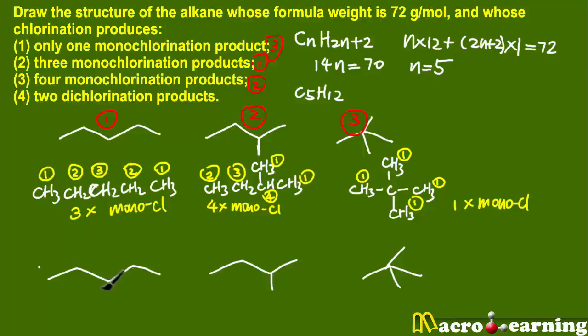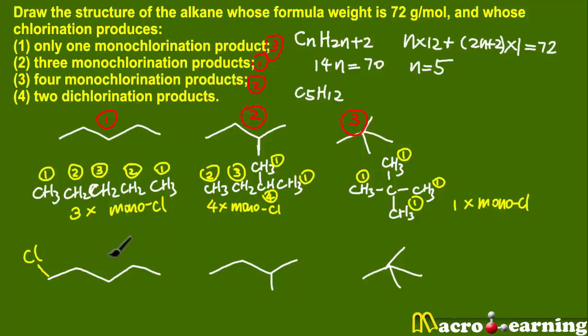How many dichlorination products are possible for this isomer? There could be this, and another one could be like that, okay? And so it's going to be way more than 2. Many more than that, actually.